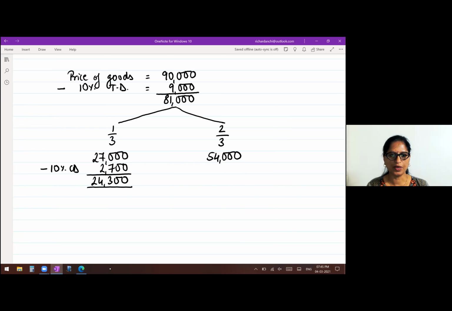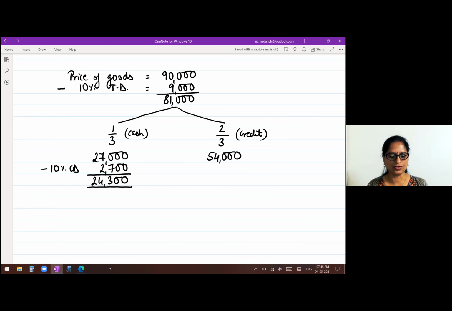Now all this we have to put in the journal entry. Okay. Always if there is trade discount, always deduct the amount first and then write the amount. Now from that amount, 1/3 is cash, and the remaining 54,000 is on credit because that amount is not paid.